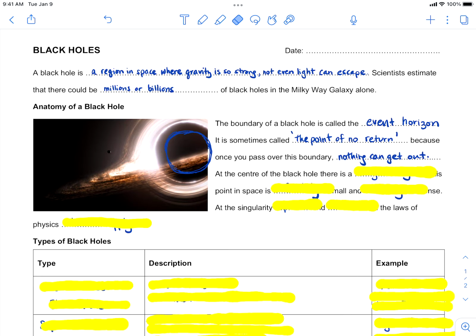Now, it's not a line. It's an imaginary line in space. There's nothing there at the event horizon. It's just the point at which you've gotten a little bit too close to the black hole, and now you won't be able to get out. So now you're in it, and nothing can escape it. Nothing.